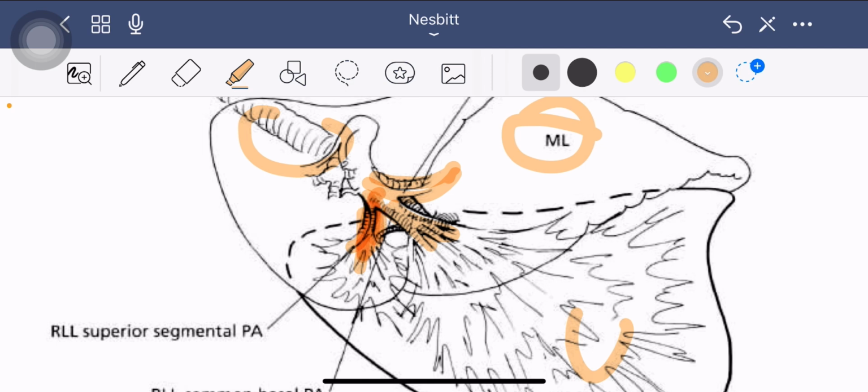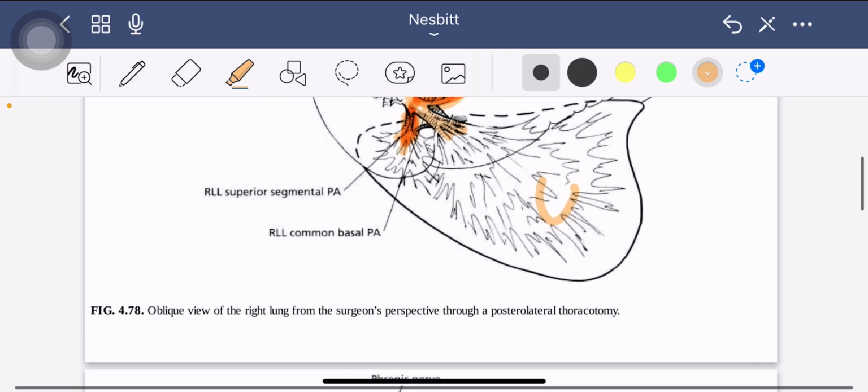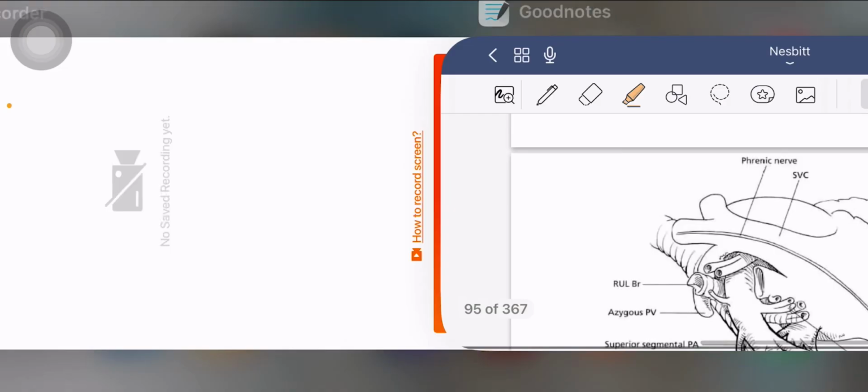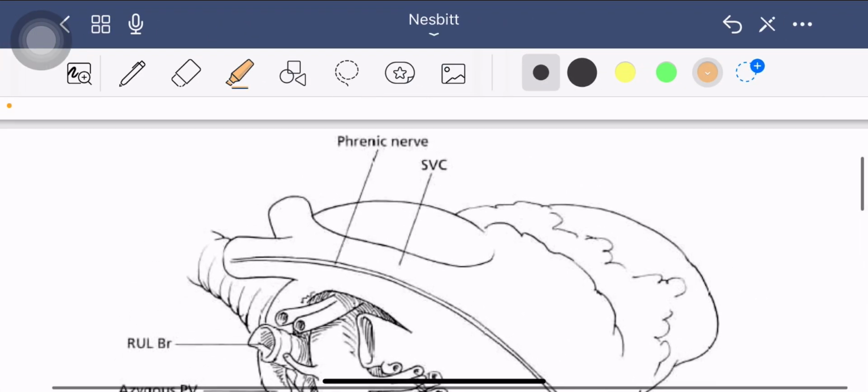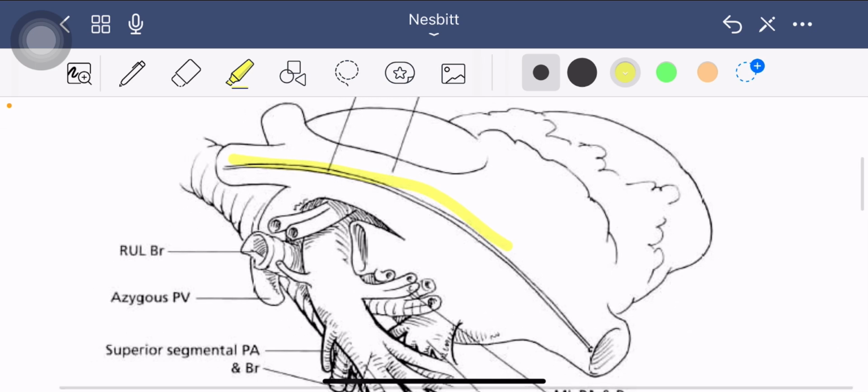This is the superior segmental pulmonary artery of the right lower lobe, and this is the middle lobe. They are opposite to each other, so that we can identify them.